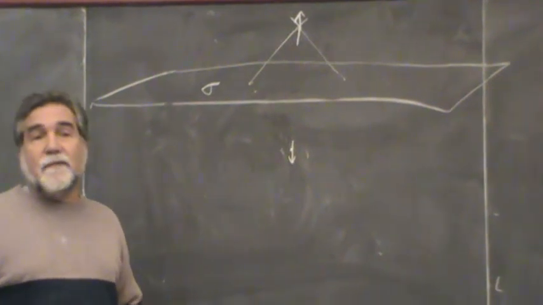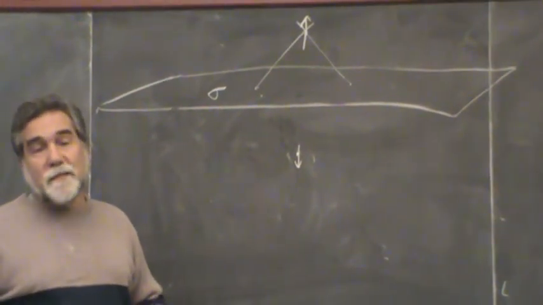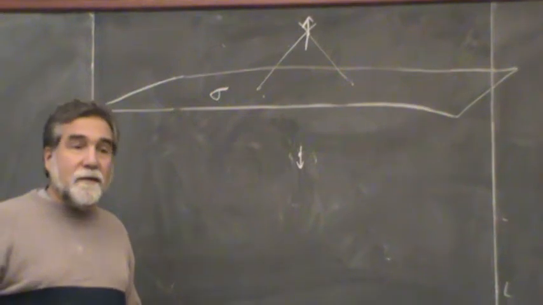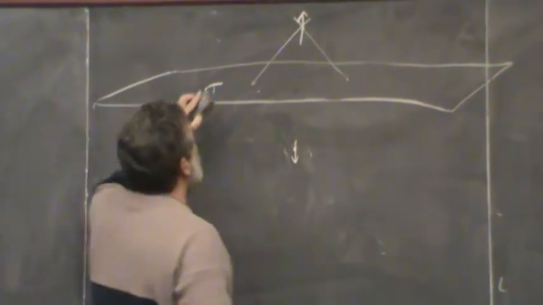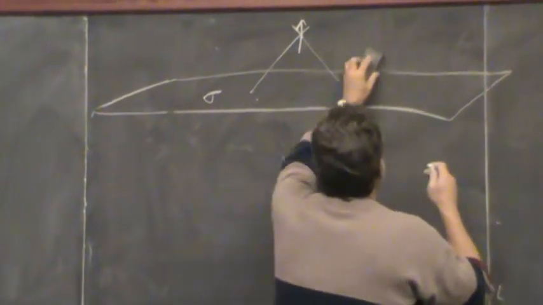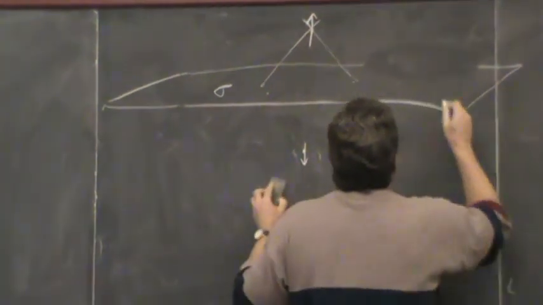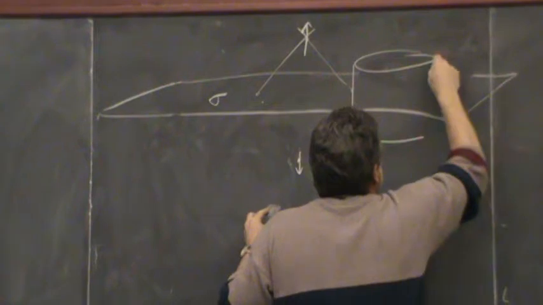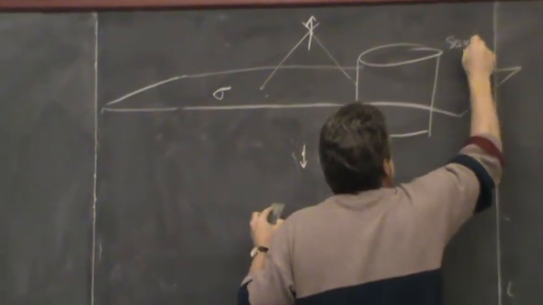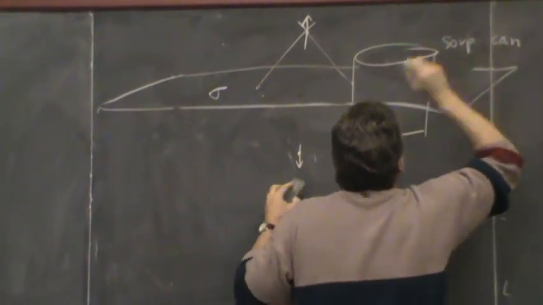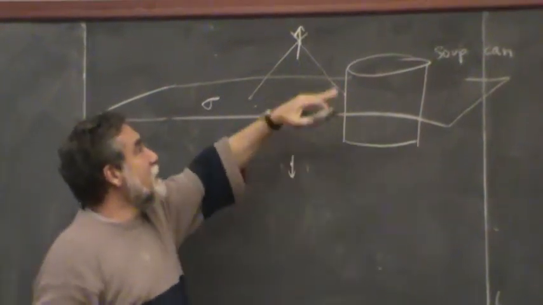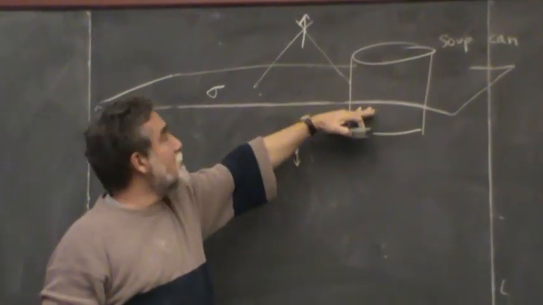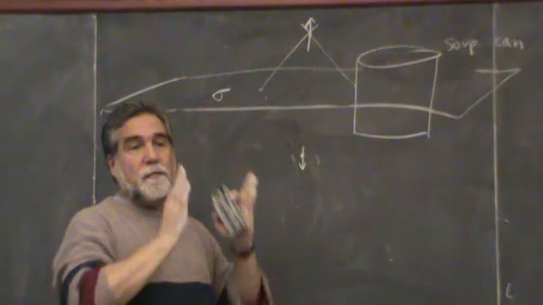I'll choose my surfaces so they're either perpendicular to the field or parallel to the field. And the surface that makes the easiest sense for me to draw here is what we call the soup can surface, okay? Where the top and the bottom are parallel to the surface of interest, and the sides are perpendicular.